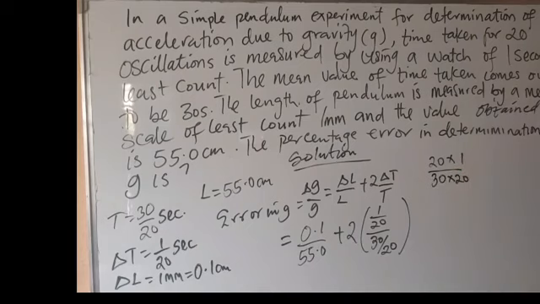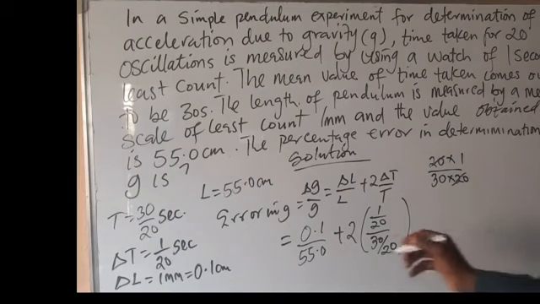That is exactly what we're going to obtain inside this bracket. You can see 20 will cancel out 20, so we're left with just 1 all over 30.